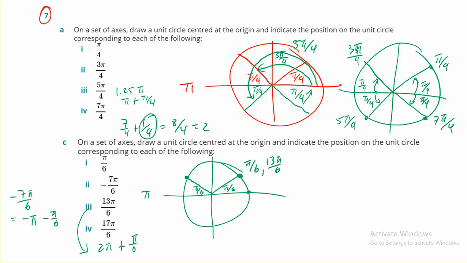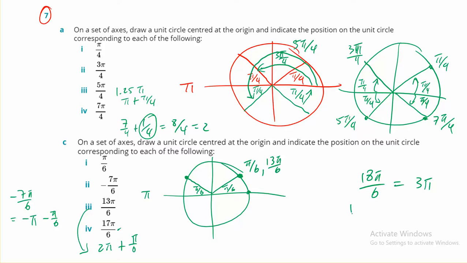17 pi over 6. How many 6s can I fit in 17? Well, I can almost fit 3 6s in 17, can't I? So we're almost 3 pi, because 18 pi over 6 is equal to 3 pi, right? But we're not quite there.